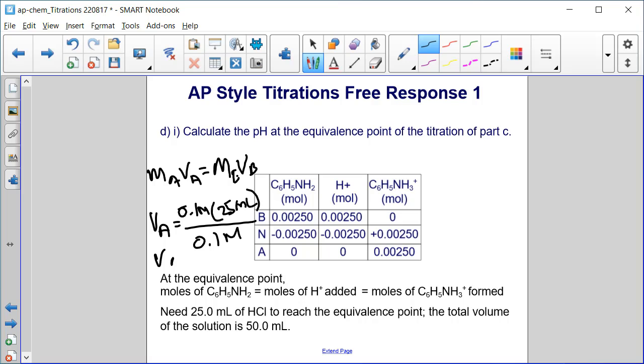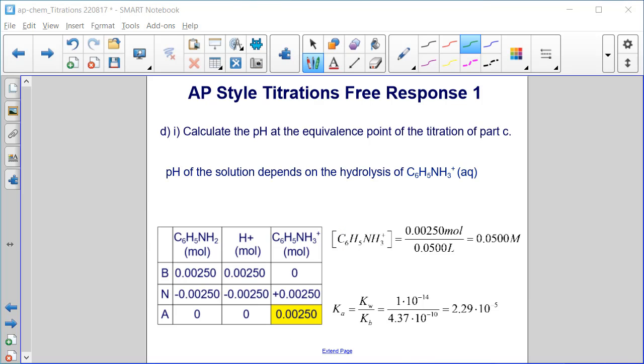So this means the volume of acid that we need to add to get to the equivalence point is 25 milliliters. Now, if we start with 25 milliliters of base and we add 25 milliliters of acid, the total volume of the solution will be 50 milliliters.